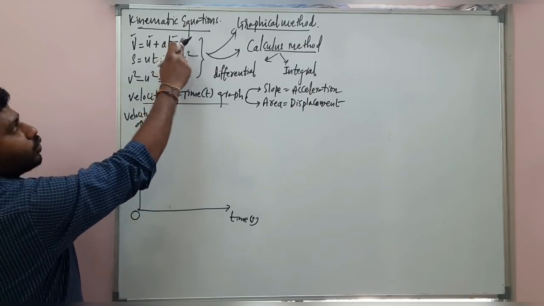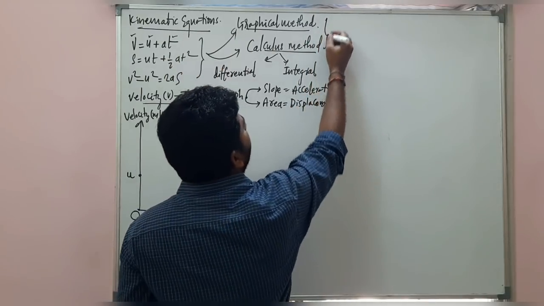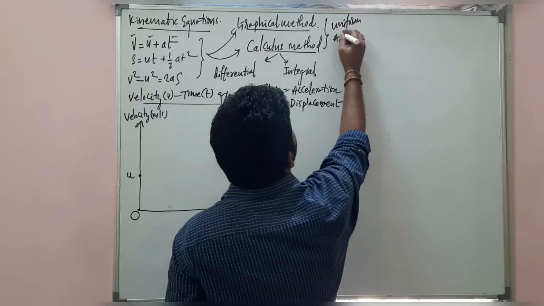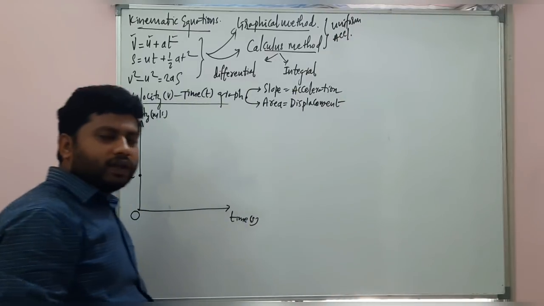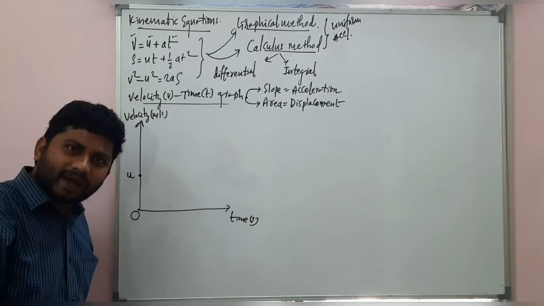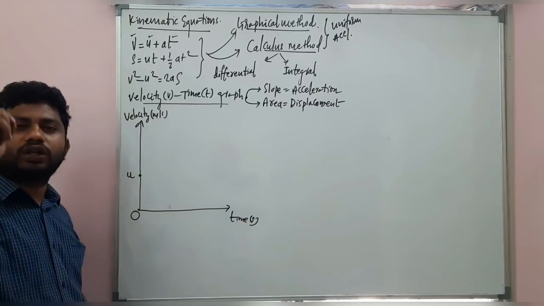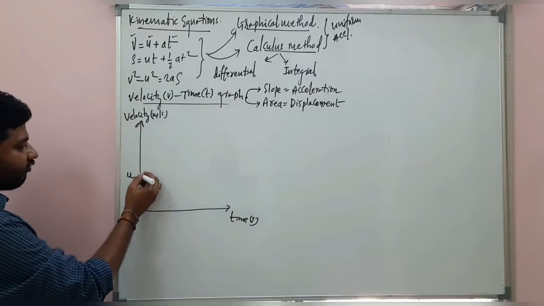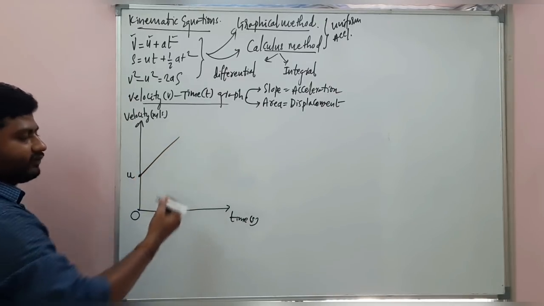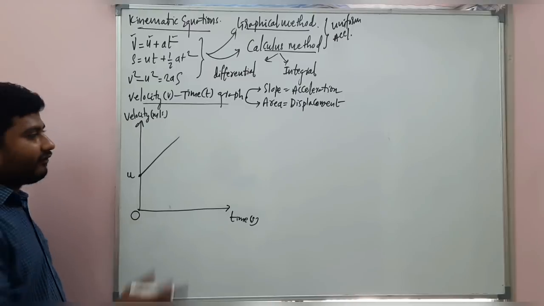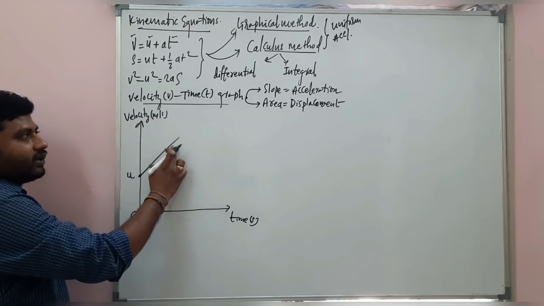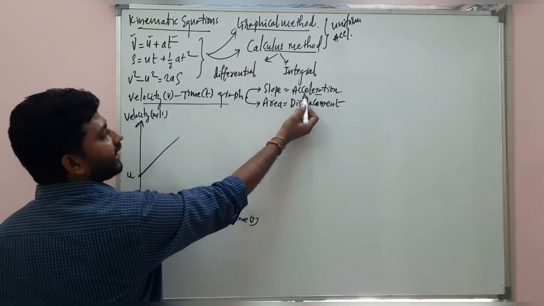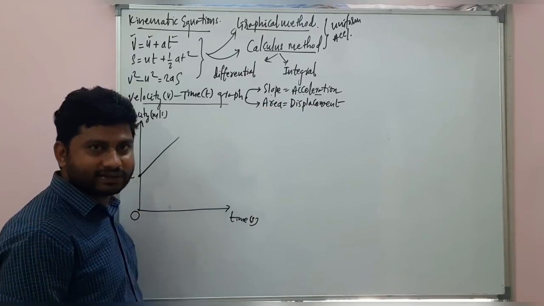Kinematic equations you can use when a body is moving with uniform acceleration. Yes or no? Only if a body is moving with uniform acceleration can you use the kinematic equations. So this is a uniform acceleration graph, with constant slope. In a velocity time graph, slope gives you acceleration. As the slope is constant, acceleration is constant, that means uniform acceleration.